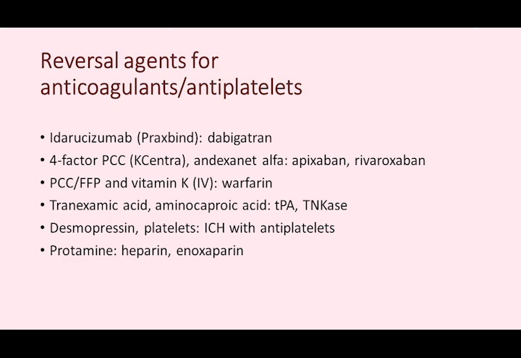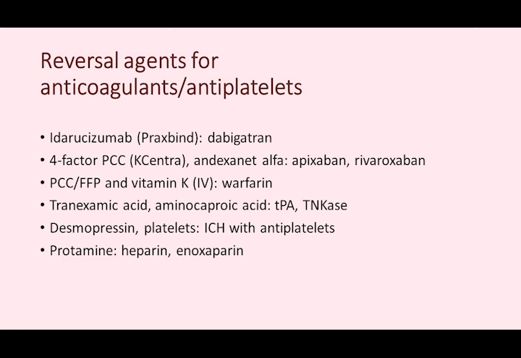For those who are on Eliquis and Xarelto, we often see Kcentra or 4-factor PCC. Kcentra is just the brand name. Or andexanet alfa. Andexanet alfa is a newer agent, and it directly binds to our drug molecules, inactivating them, while Kcentra provides coagulation factors.